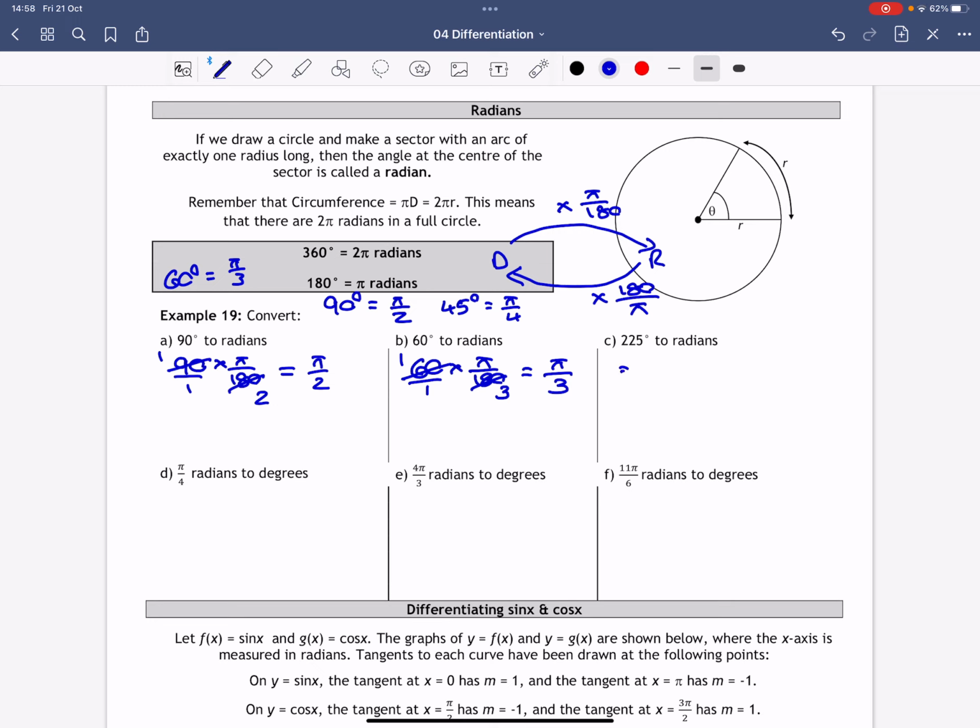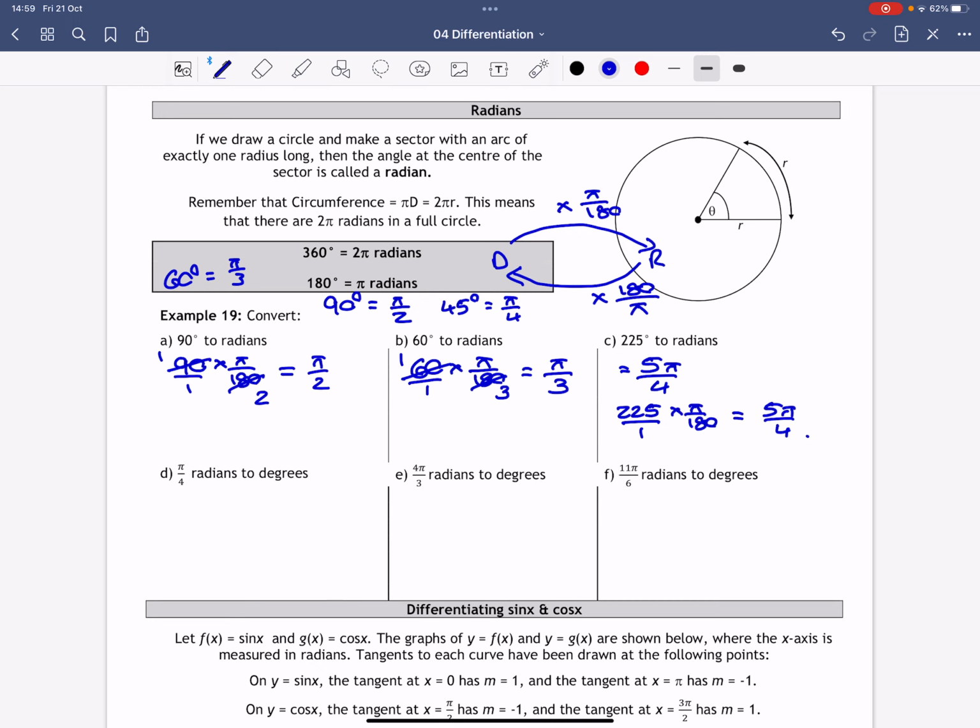So that's just going to be 5 pi over 4. And again, you could use your conversion. You could say 225 multiplied by pi over 180. So do that multiplication, do your cancelling out, and you would just get your 5 pi over 4.